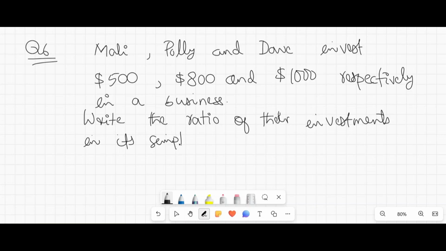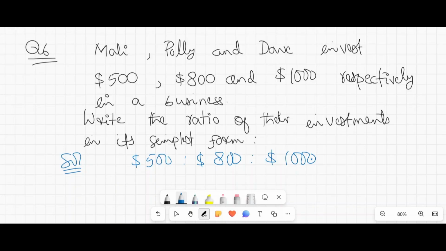When it says simplest form, there should be no common factor in all. So now let's see their investment ratio. This is simply an investment of $500 ratio $800 ratio $1,000.